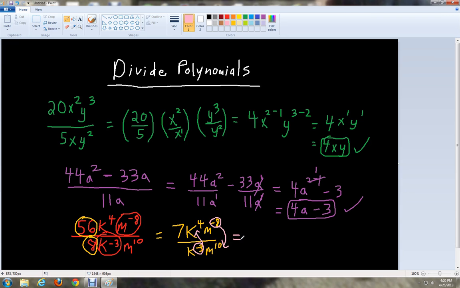So when we do that, we'll have 7k to the 4th times k to the 3rd, or k cubed, all over, we bring the m to the 8th down, so that'll be m to the positive 8 times m to the 10th. And now when we simplify, we just add the exponents together.